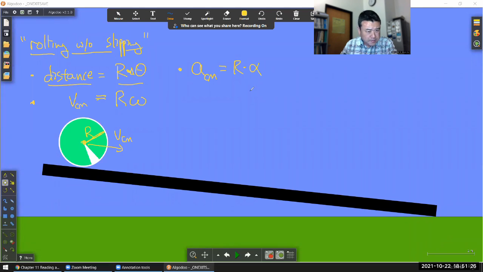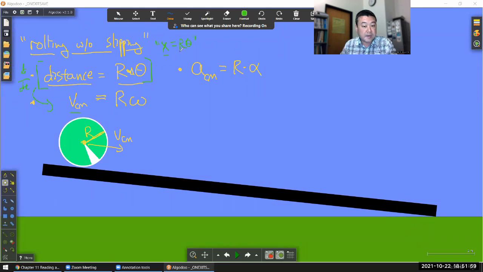And I hope you see the relationship between each of these three expressions. The relationship here is derivative. If you take this relationship, for example, x is equal to r theta, then imagine taking the time derivative of this equation, left hand side and right hand side. On the left hand side, the time derivative of x gives you speed.